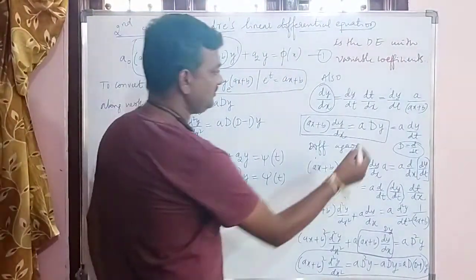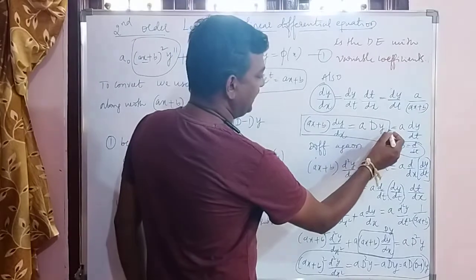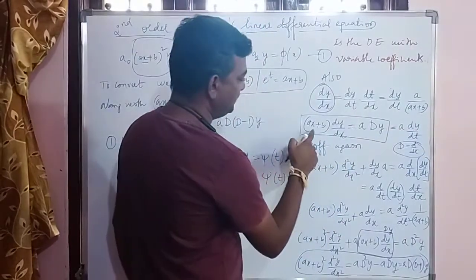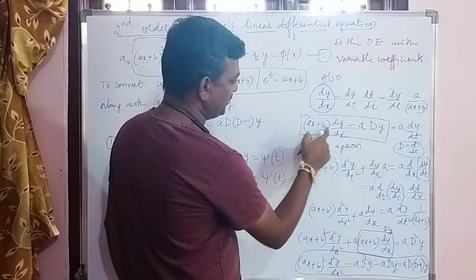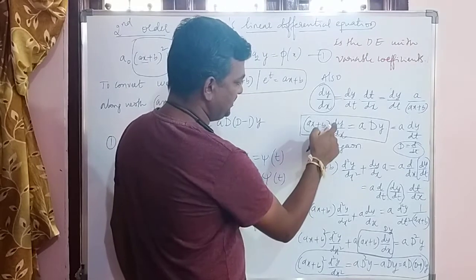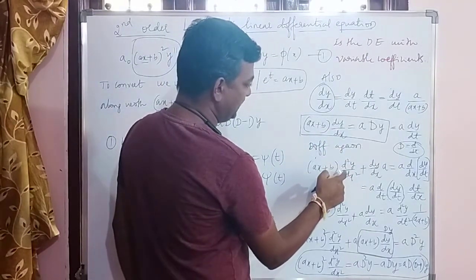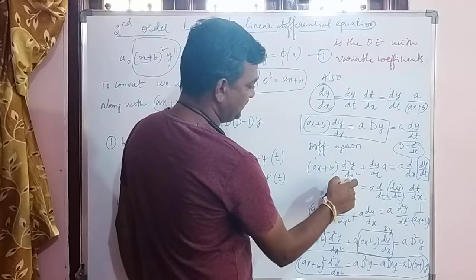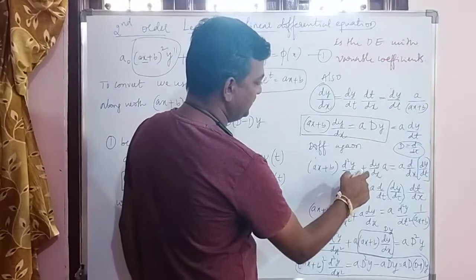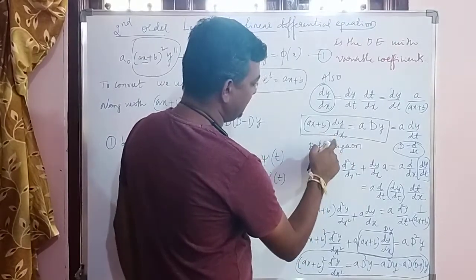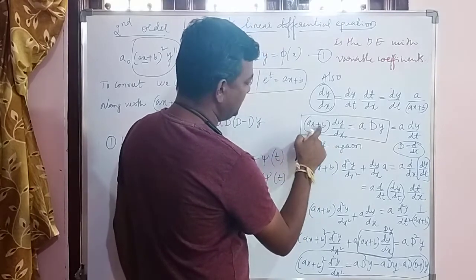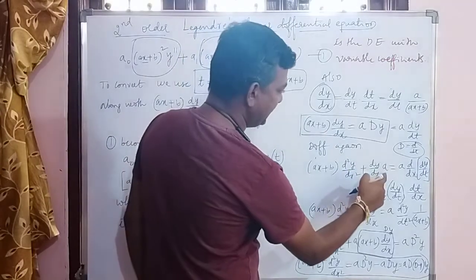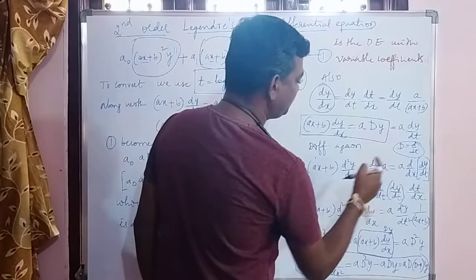Now you differentiate again by using the product rule: first function, differentiation of dy by dx is d square y by dx square, plus second function dy by dx into the differentiation of ax+b, which is just a.